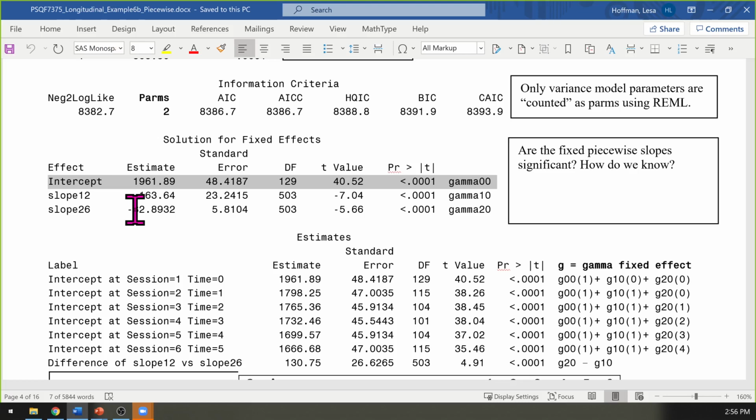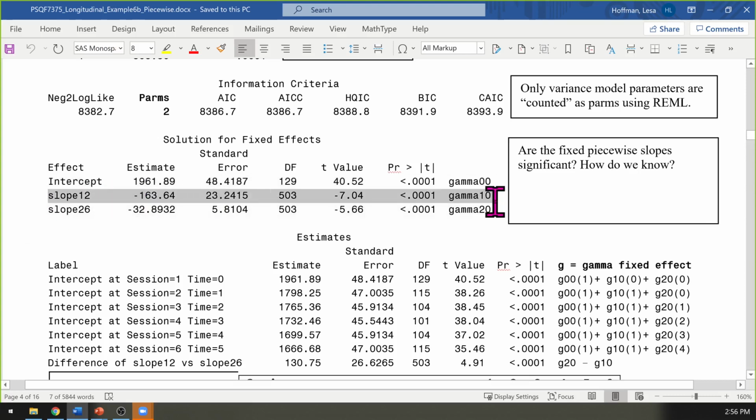Yep, not the actual mean, but the one that's predicted by this function. And it's time 0 because that's the way I set up my pieces. So you control where time 0 is. You can put it wherever you want. I like it at the beginning. It makes the most sense to me. So at time 0, people are predicted to take 1961 milliseconds to do this task.